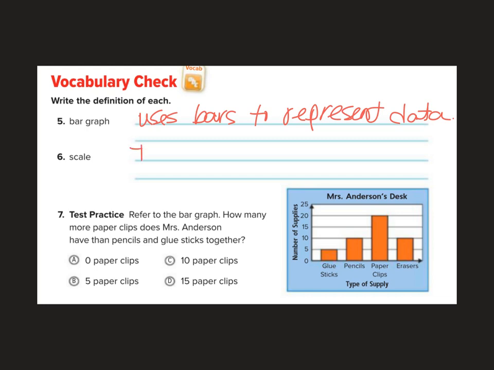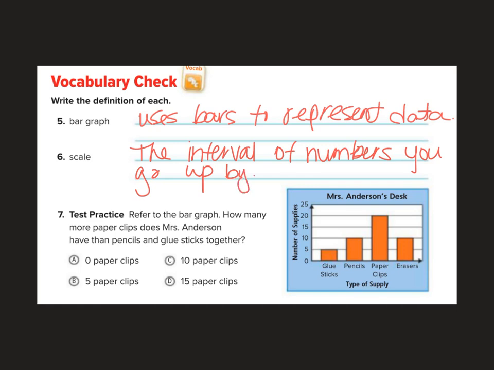The interval, that just means numbers between. Interval of numbers you go up by. Doesn't have to be 1. This is our scale on the side here.